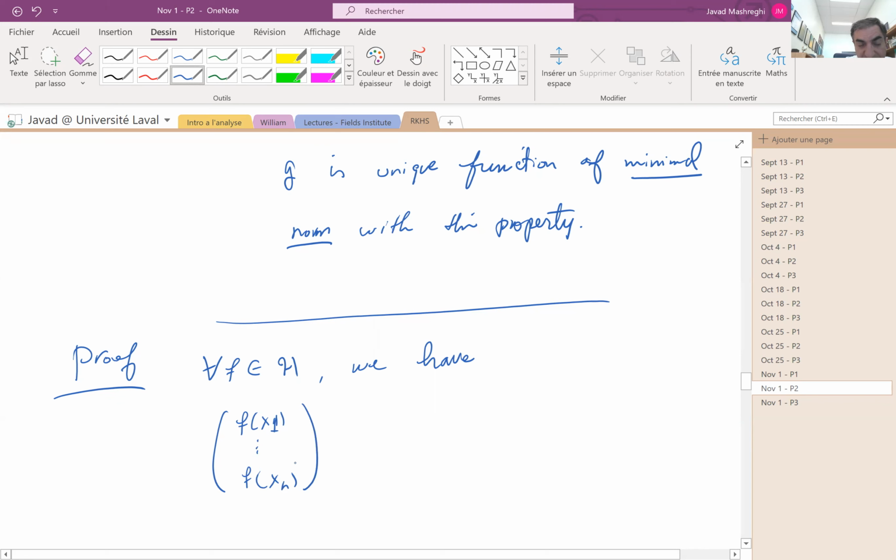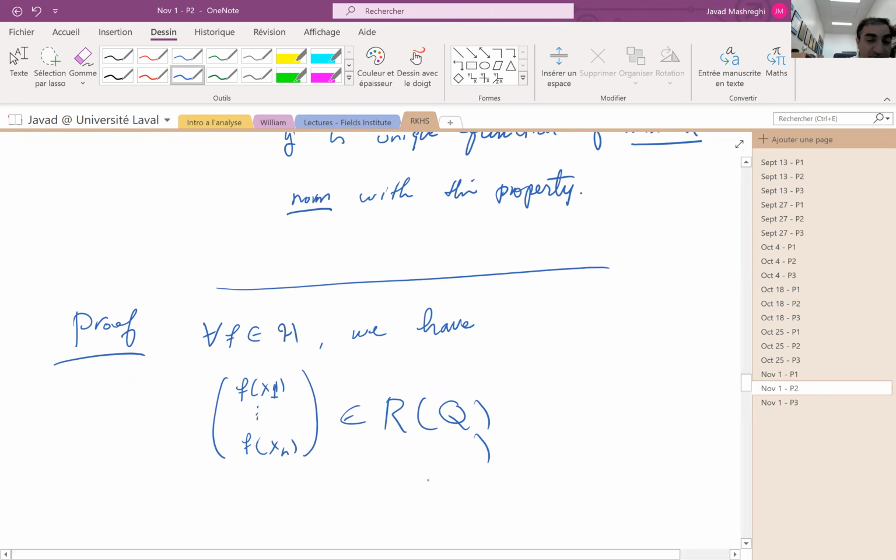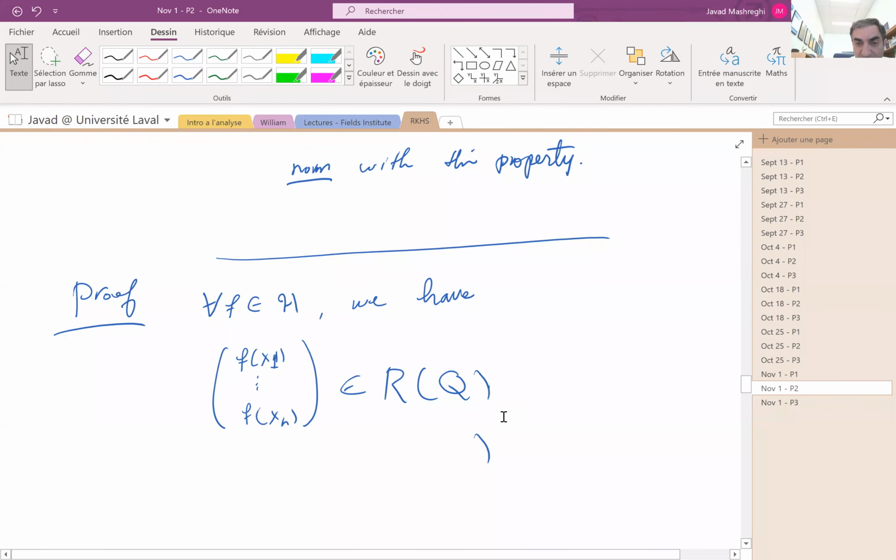This is a vector for which the interpolation has a solution. It's the function f which is already given. And therefore, this is in the range of Q, by the very definition of interpolation and by the theorem we saw before.